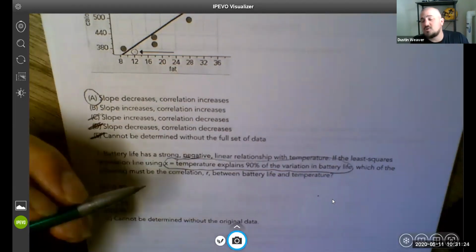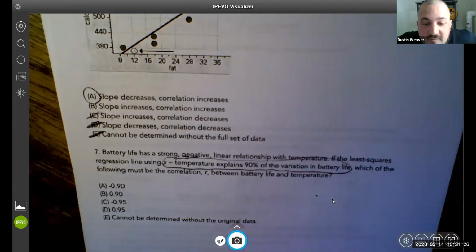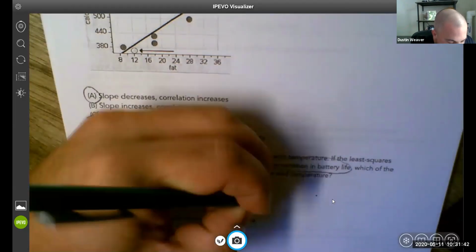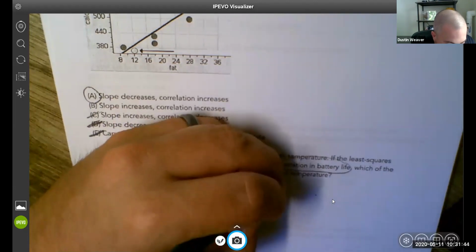R squared is the percent of variation in Y that can be explained by the line, okay? So our R squared in this case is 90%, so 0.90.